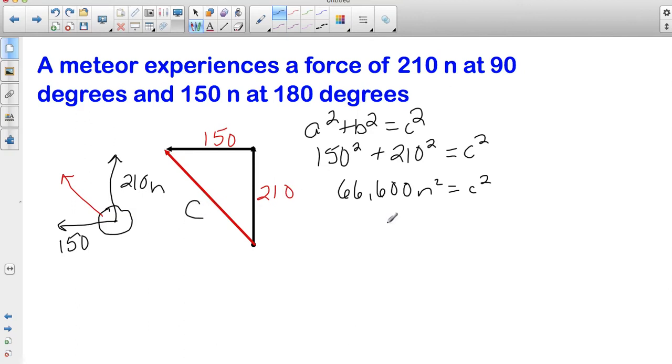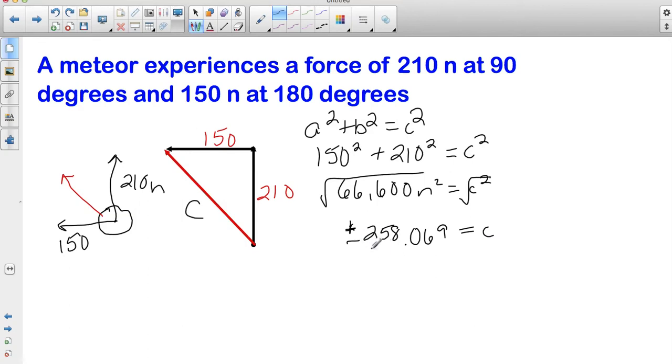Sometimes we'll refer to that as r, a resultant. And then to get c by itself, we have to take the square root. In this case, when I take the square root of this, it'll be plus or minus 258.069 is equal to c.